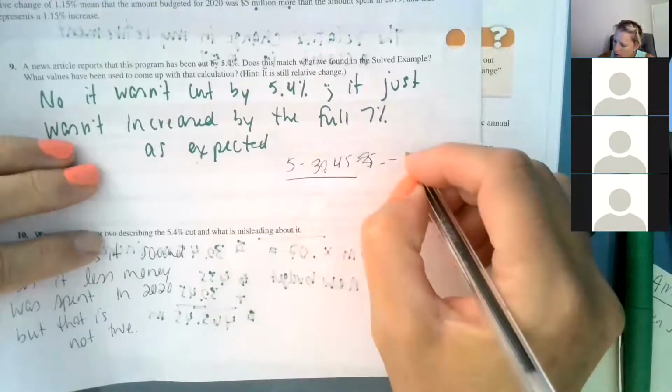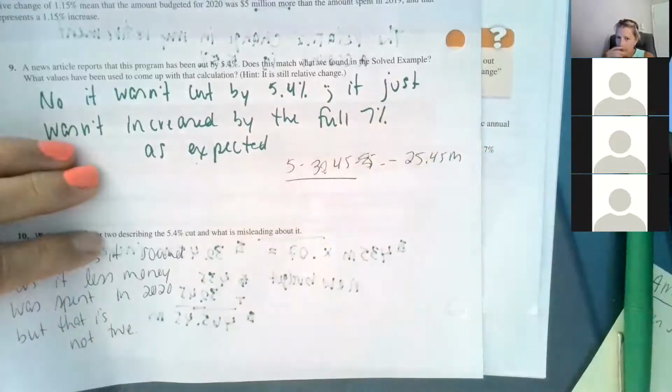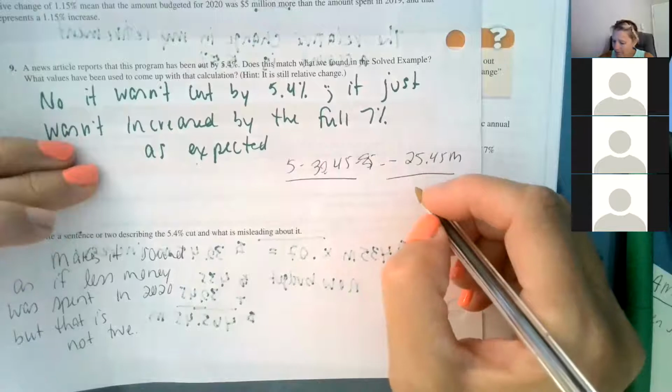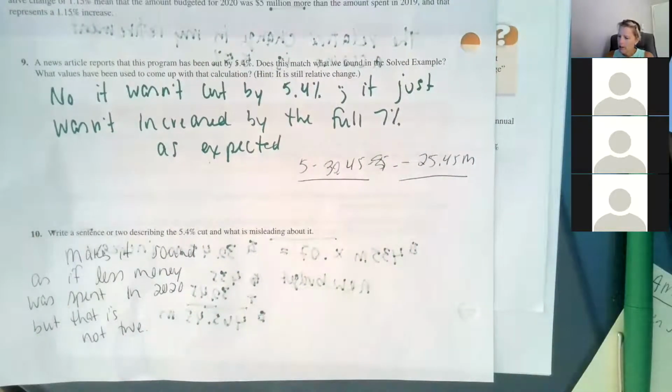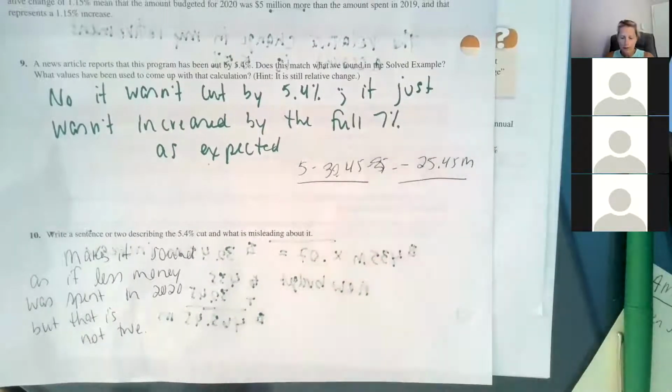So it was 25.45 million less, right? I'm trying to figure out where they're getting this 5.4%. So they shorted what they said they were going to increase it by, 25.45 million.